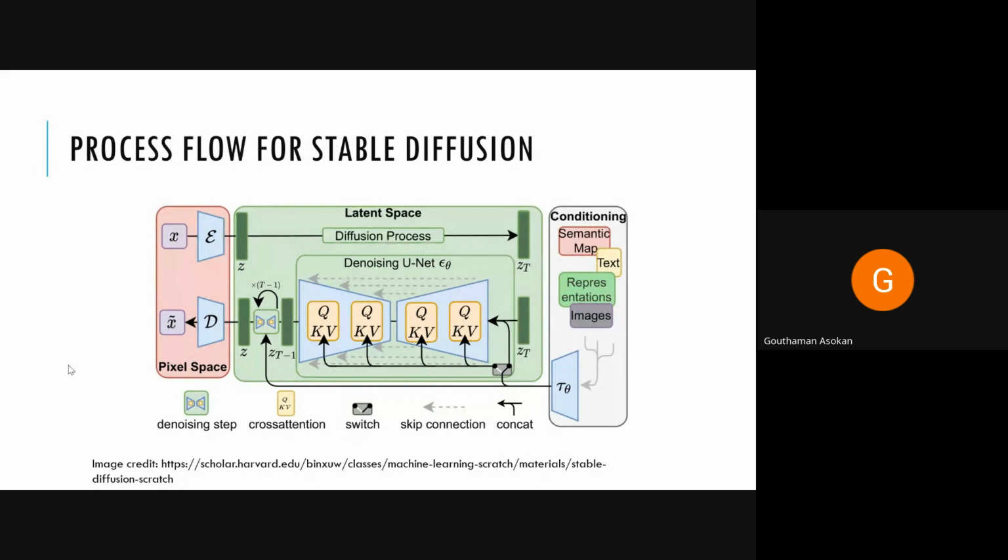It's in another space, but that can be used for the diffusion process. So why do we use it? Pixel space is a huge thing, right? We have this high resolution, and that would make it very tough to train on images. So we move from this pixel space into this latent space, by which the training becomes a lot easier.